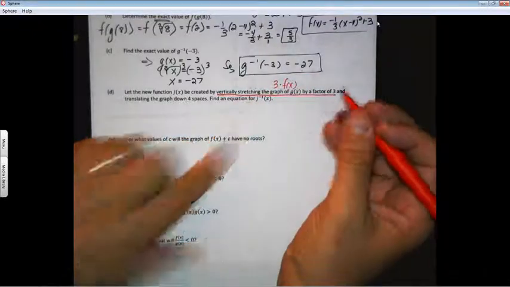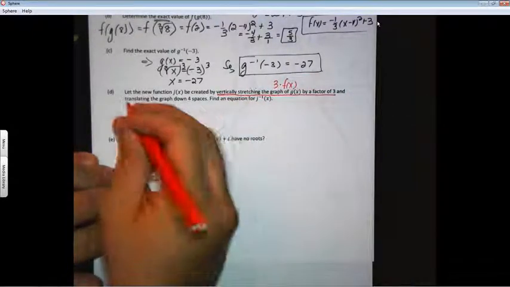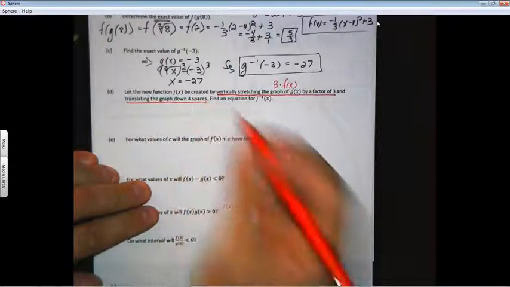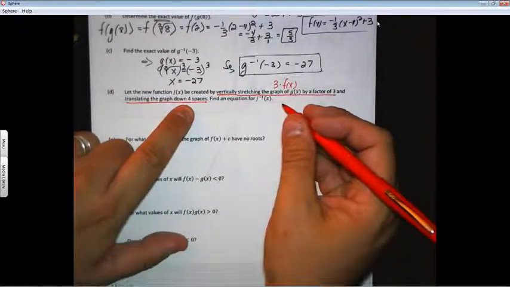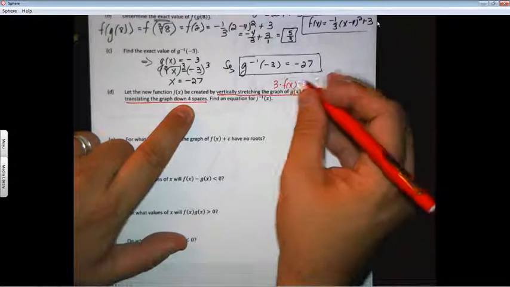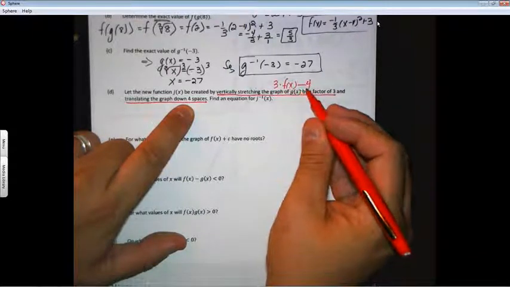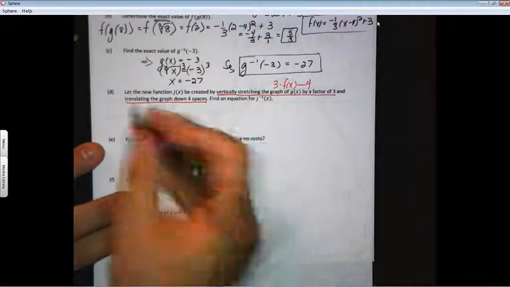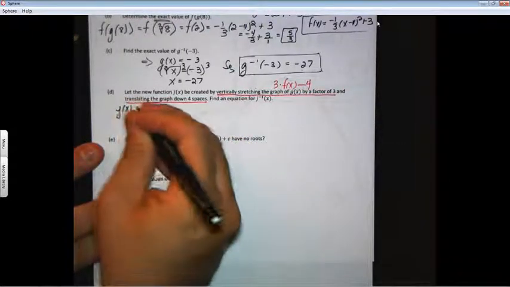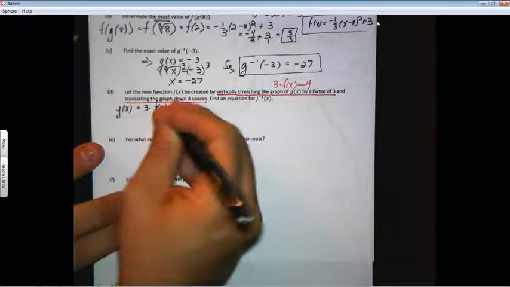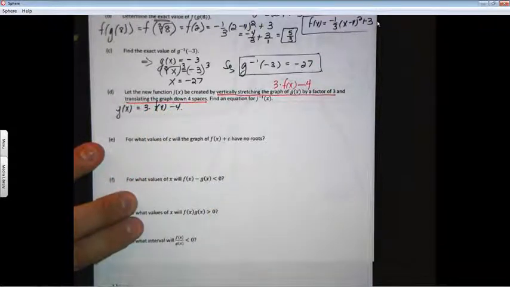All right, D. Let the new function j be created by vertically stretching the graph by a factor of 3. Now, a vertical stretch means that we are going to multiply all of the y values by 3. So before we had f of x, now we have 3 times f of x.